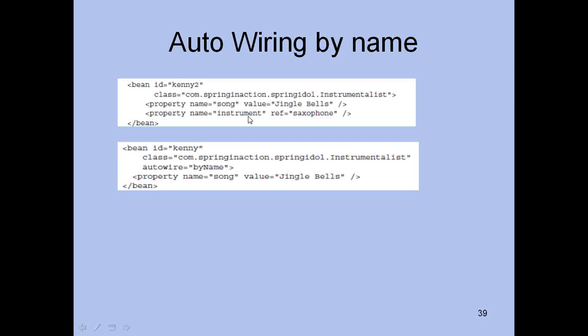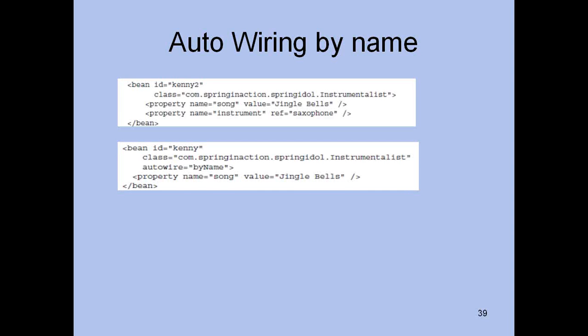So make it exactly the same as the property name in this class. Then you can totally remove this and just say autowire by name. So that property name will be matched with the bean name that is configured somewhere else in the Spring configuration, and it will be automatically injected into the class. Nice. That is auto wiring by name.